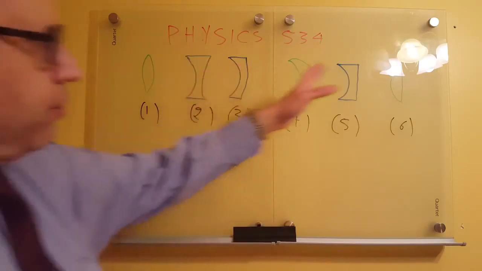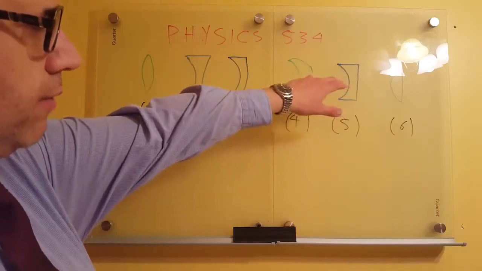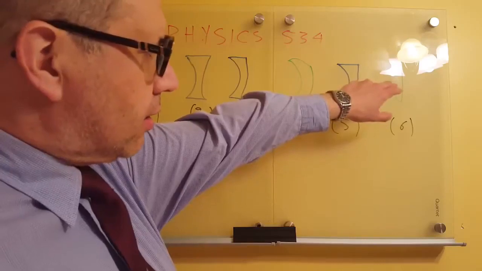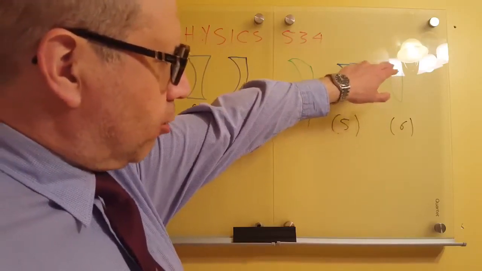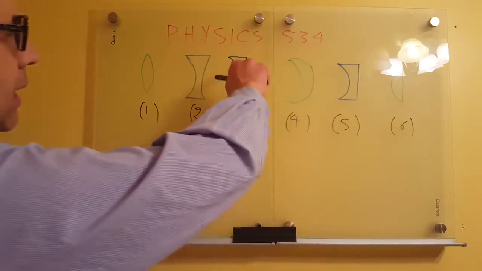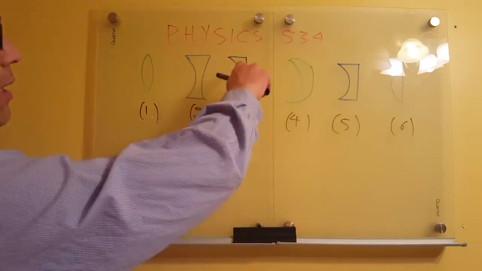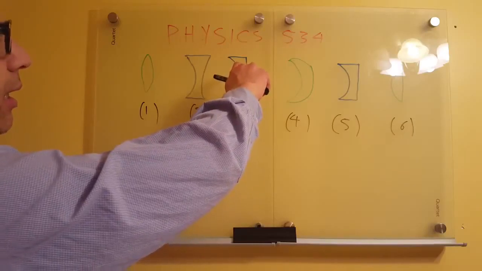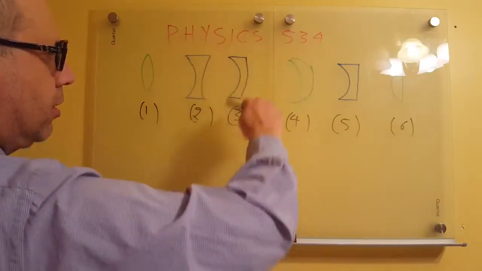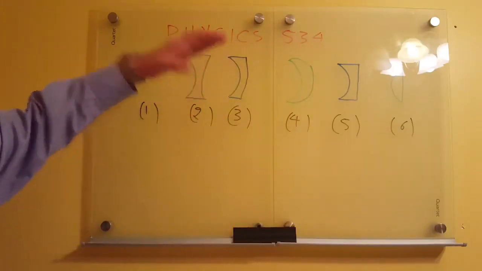And then we have these 4, let's name them. This here is a plano-concave lens, and this here is a plano-convex lens, and these 2 here are called meniscus lenses, this one a negative meniscus, and this one a positive meniscus.